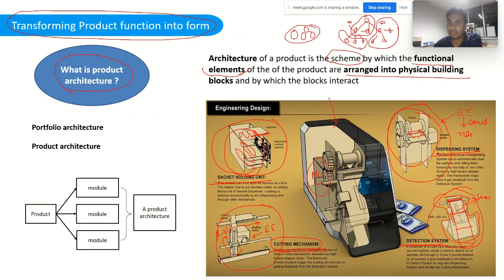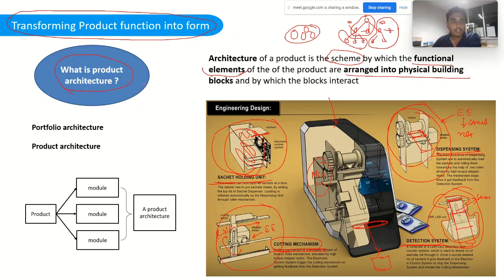So they generate a torque between these rollers. There is a gear assembly to generate that torque, and then the sachet starts rolling forward. The detection system detects the sachets, the cutting mechanism cuts, and finally sachets come out from this slit. So this is how you define the architecture of a product based on its functional model.